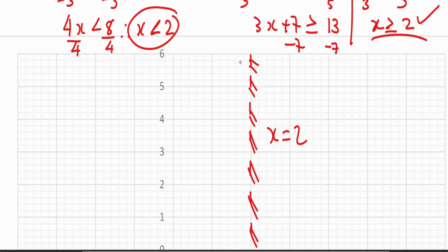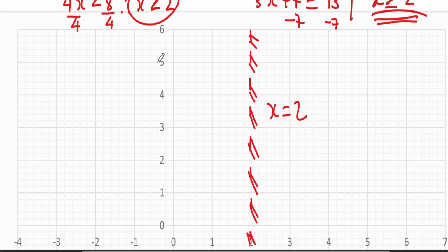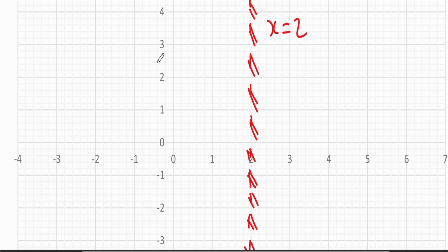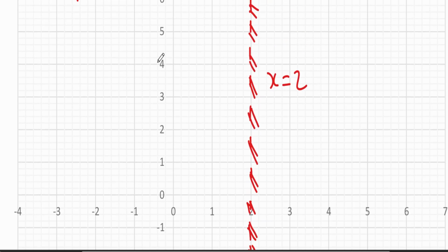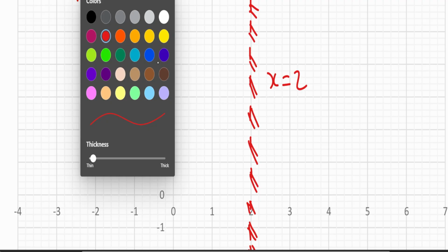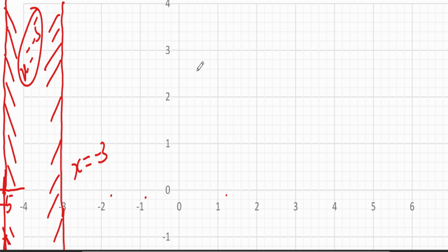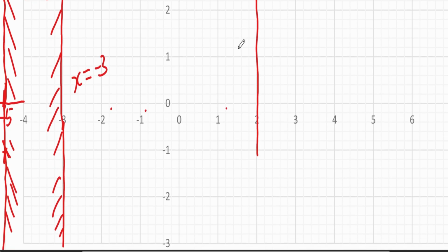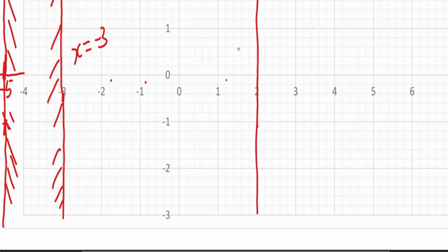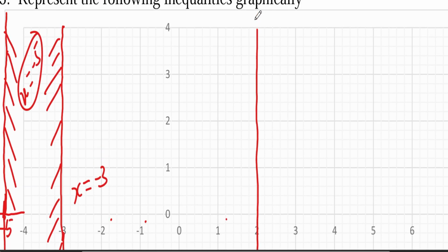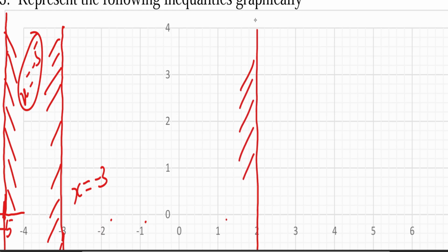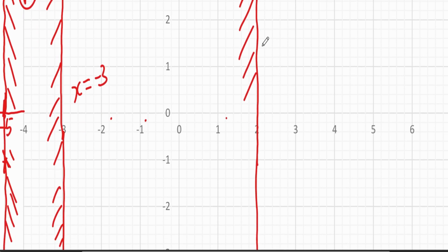For the other one, we said x is greater or equal to 2. You'll draw a full line. So let me use another graph. Draw a line this way, a full line. Since it's greater or equal to 2, you don't need the left side because those numbers are less than 2.